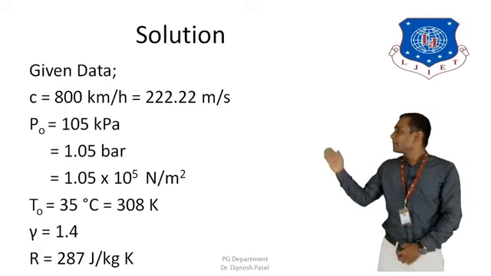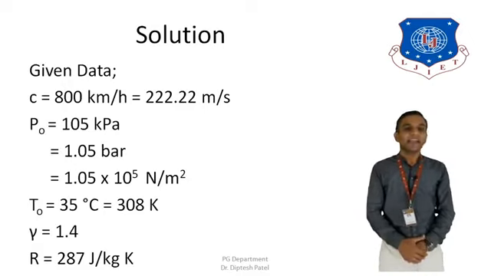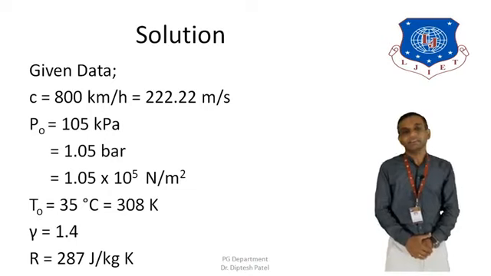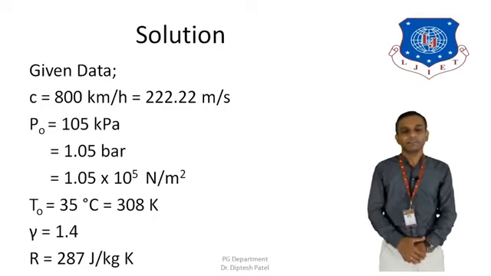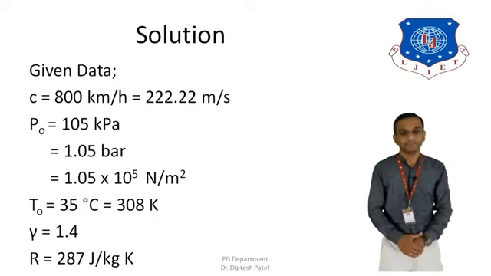Furthermore, I'm going to take gamma is equal to 1.4 and characteristic gas constant R is equal to 287 joule per kilogram Kelvin. In some numericals these values are not given. So what we need to do is assume these values. We can assume gamma is equal to 1.4 and R is equal to 287 joule per kilogram Kelvin.